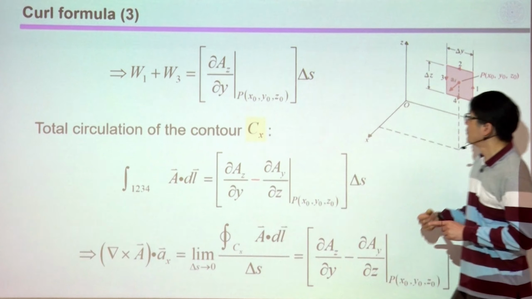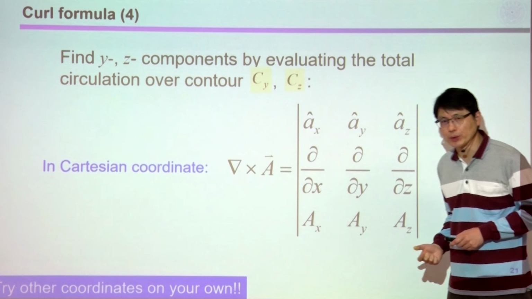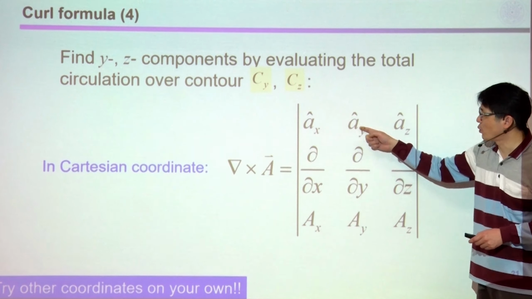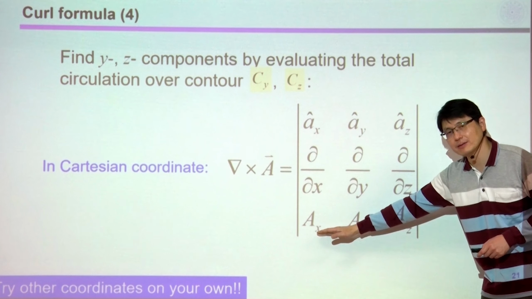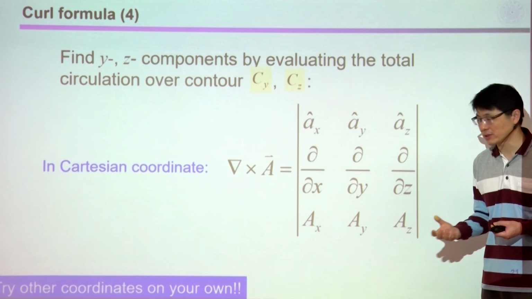Okay, so eventually, this is something you learned in the past. If you want to perform a curl operation in Cartesian coordinate, you only have to write x, y, z unit vectors, partial differentiation, del x, del y, del z, and you write down the three components of the vector field, ax, ay, and az, and you just calculate the determinant.